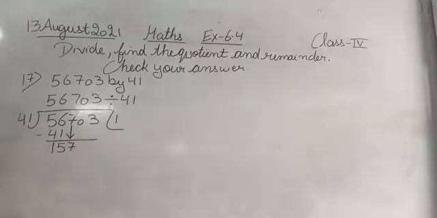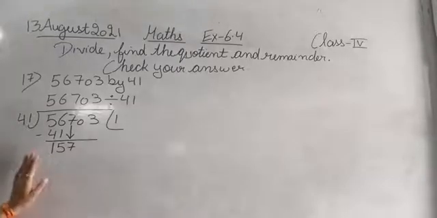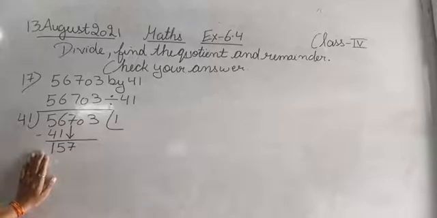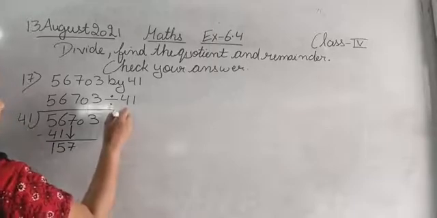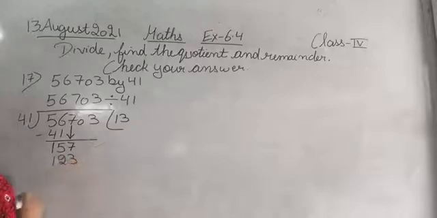So now we have to read the table of 41 where you will get 157 or less than 157. In the table of 41, 41 threes are 123. 41 multiplied by 3 is 123.